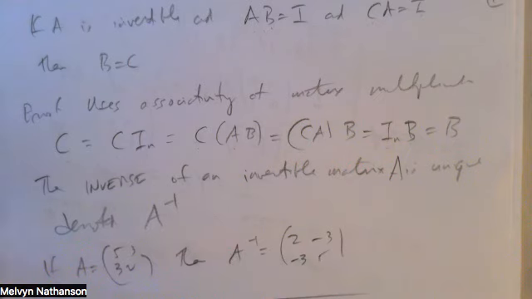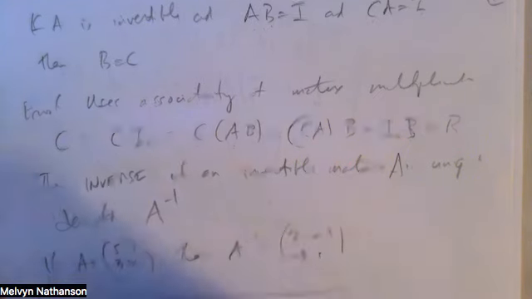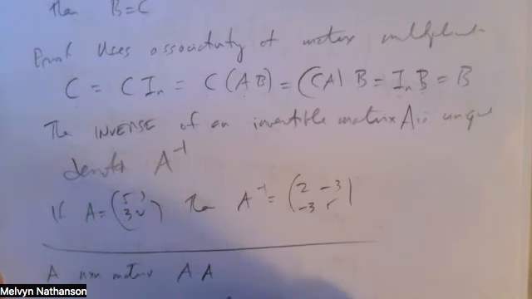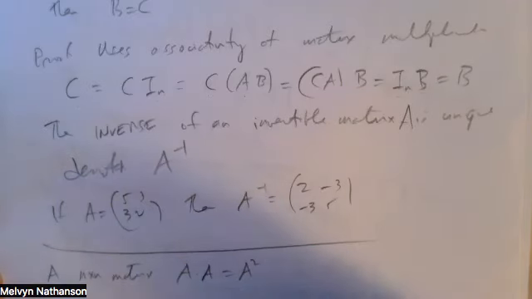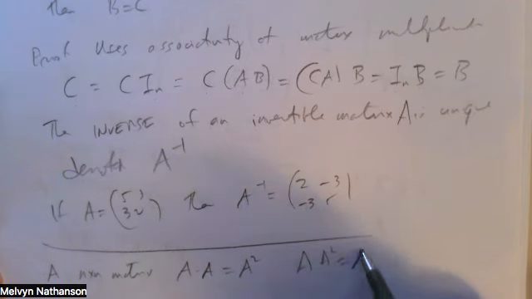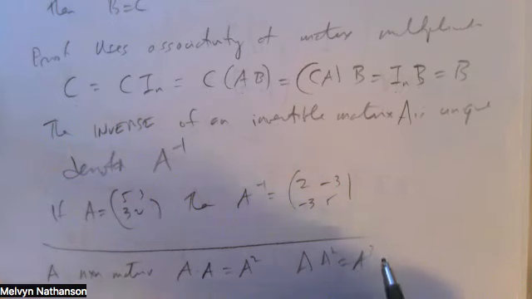I should also add, if you can multiply matrices, suppose A is an n by n matrix, then A times A, which we'll call A squared, is an n by n matrix. And A times A squared, which we'll call A cubed, is again an n by n matrix.